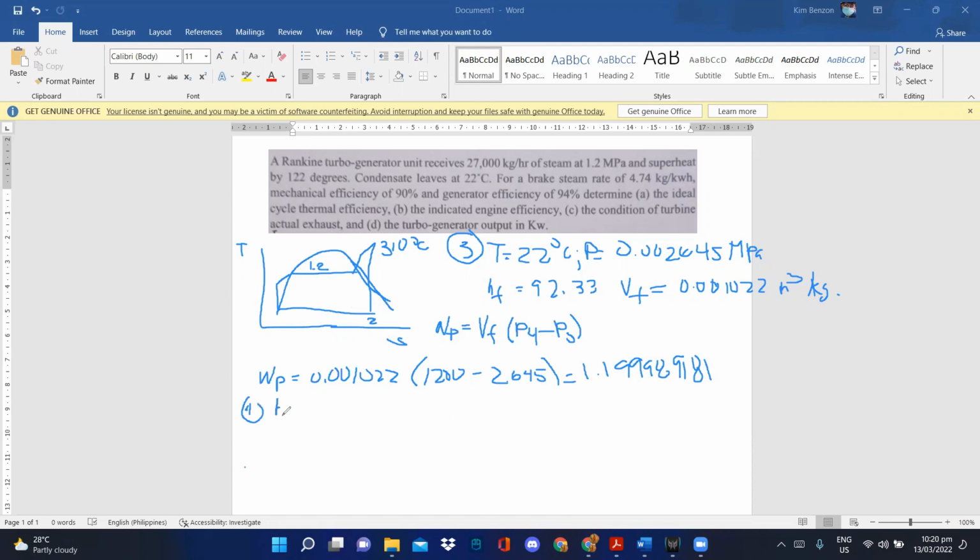State point 4 naman, you have your H4, which is equivalent to your work ng pump plus your H3.